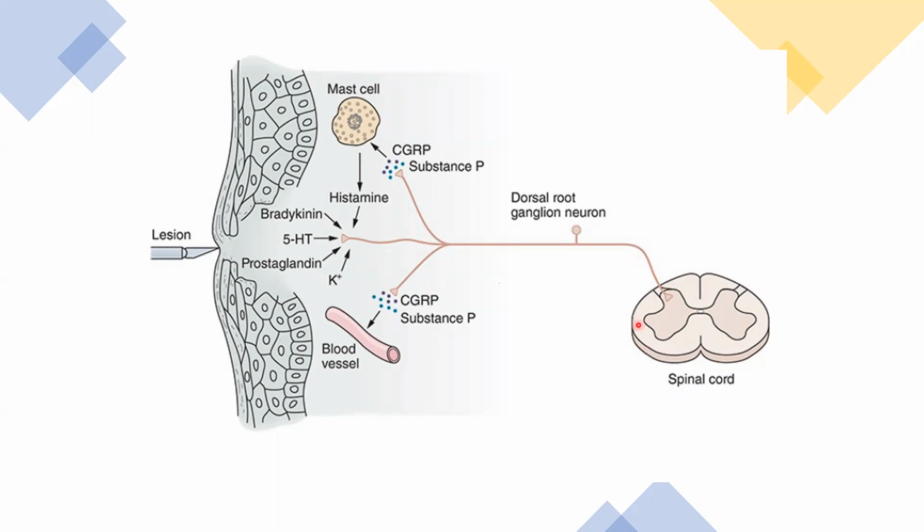Also, your NGF will influence the expression of your tetrodotoxin-resistant voltage-gated sodium channel on the dorsal root ganglion, which further increases its activity. So injury, therefore, will sensitize your central nervous system to the sensation of pain, and therefore will create the condition for the emergence of what we call chronic pain.